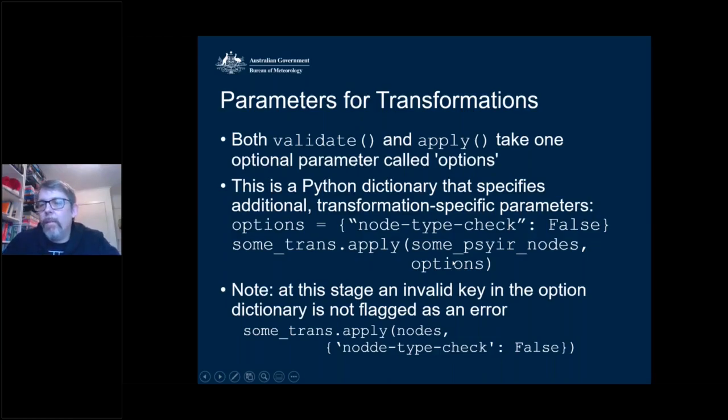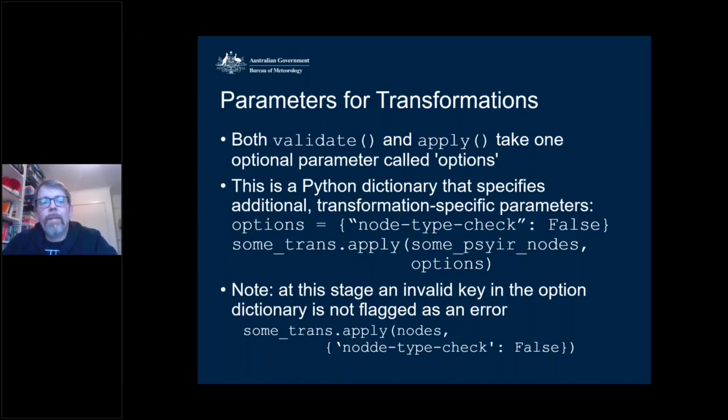And this will actually disable any validation test that PSyclone does internally to see if all the node types, for example, the write statements, can be parallelized. A bit of a warning at this stage: if you should have a typo in the key name, like this one here, so for example, if you would write node with a double D, there is no warning.